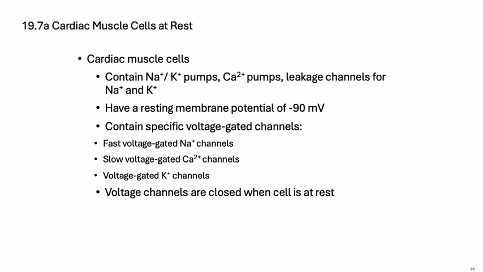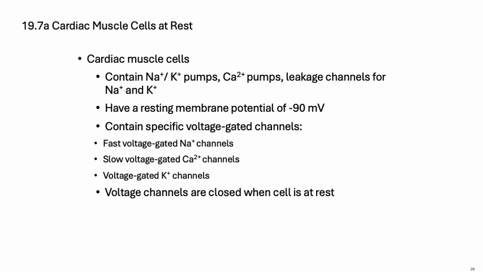In this case, for the cardiac myocytes, the resting membrane potential is approximately -90. Recall, for our SA nodal cells, the resting potential was somewhere around -60, so slightly different from the previous part.